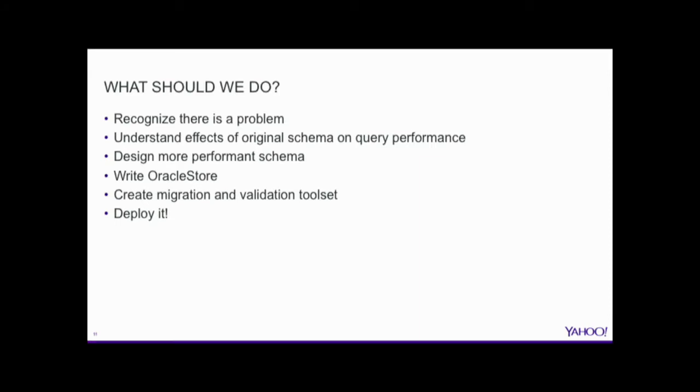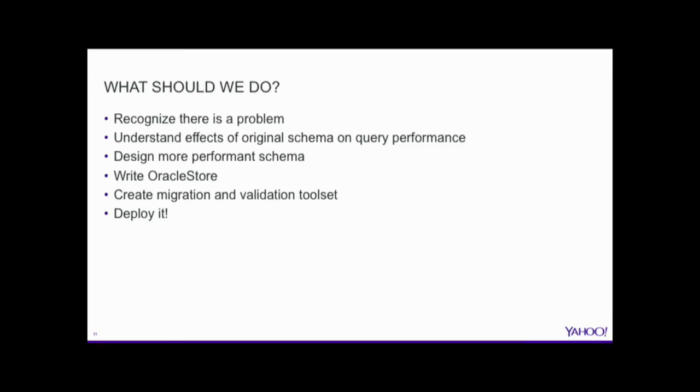Once we've itemized these, we have to also think about how the original schema design decisions impact the query performance on that schema. Once we gather this information, we can go forward and design a hopefully much more performant schema to back our OracleStore implementation.